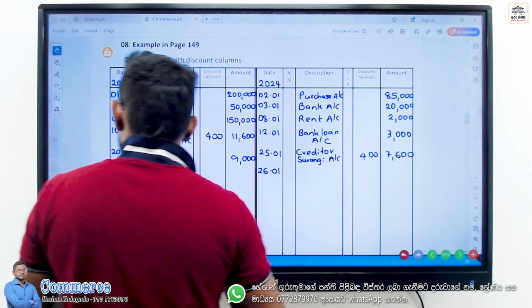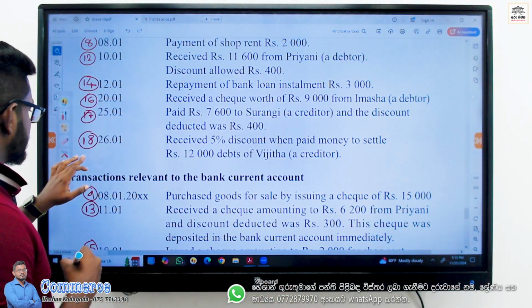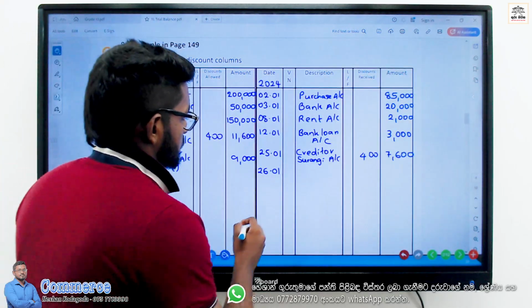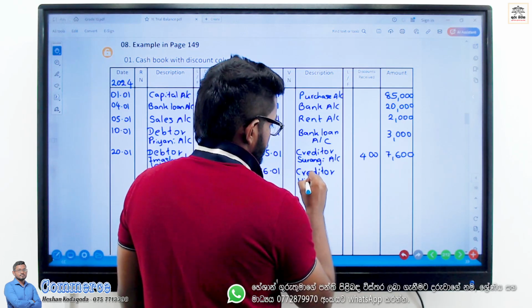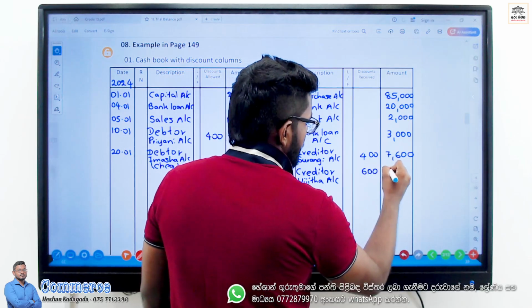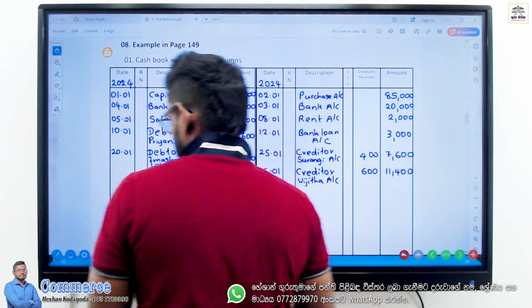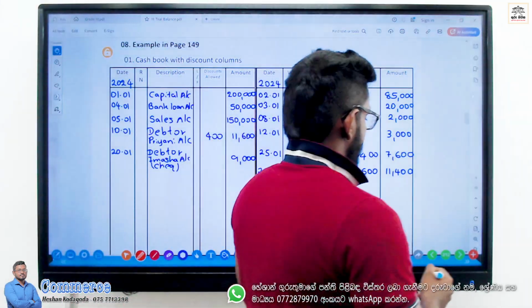January. Paying to who? Creditor Vijita. Creditor Vijita account. 600 and 11,400. Right. So go to the creditor Vijita account.